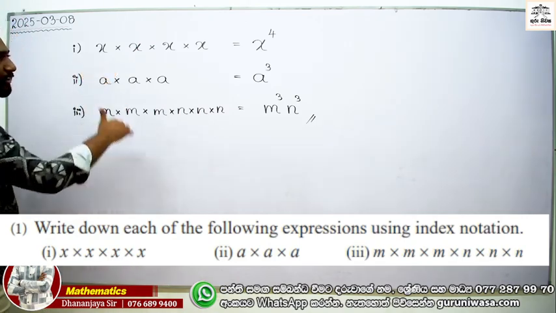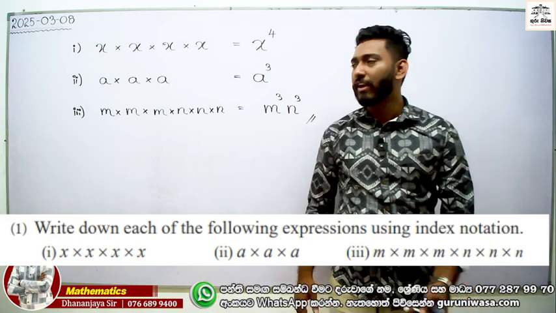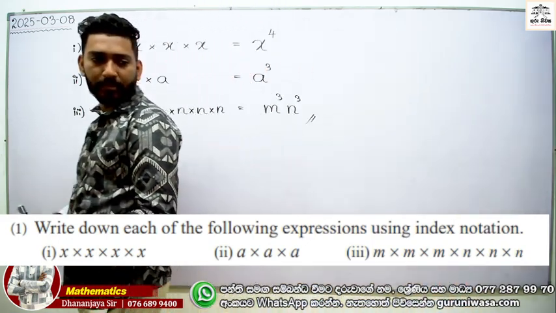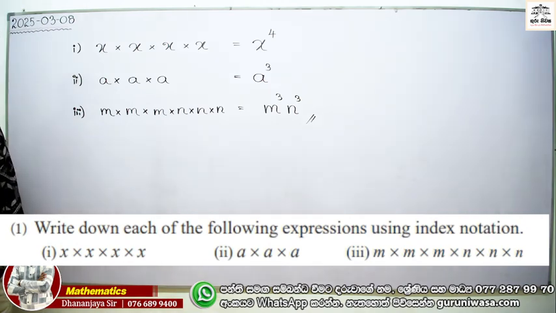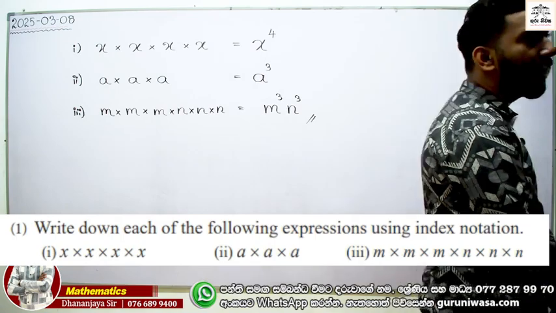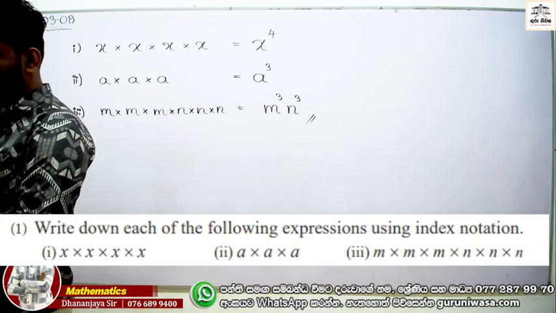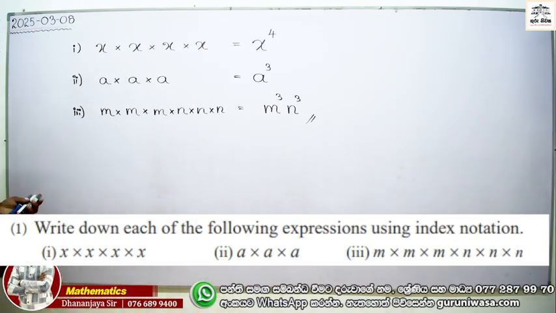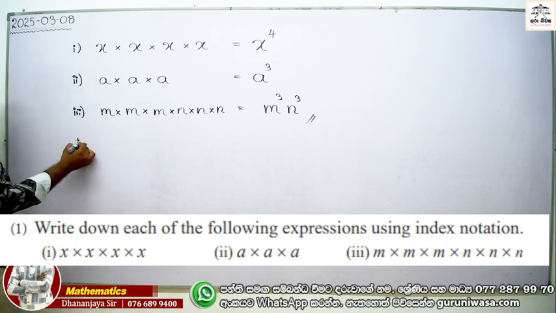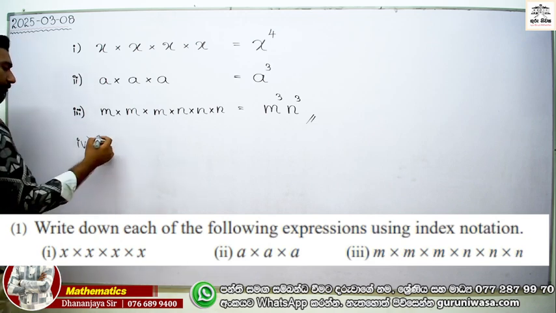Right. Write these examples with the questions. Look at the screen. There is a display of the question on the screen. This is example number 1, and this is the answer. And find the answer for the fourth one yourself.